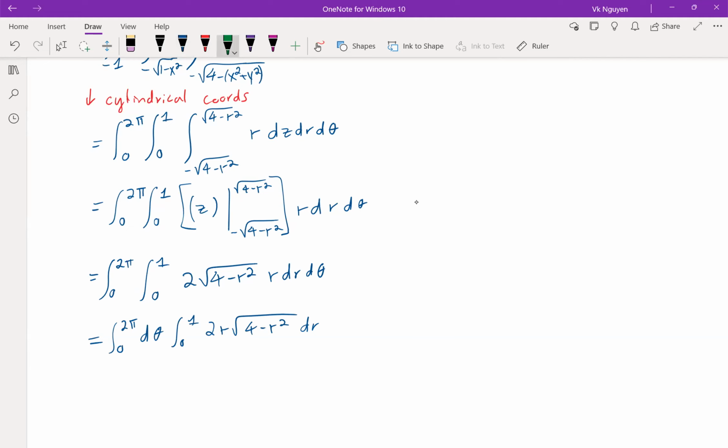And then here comes just the u-sub. U is equal to, well, I'm taking the whole thing here, 4 minus r squared. So if we do that, there's going to be a negative 2, so it's going to have a negative 1.